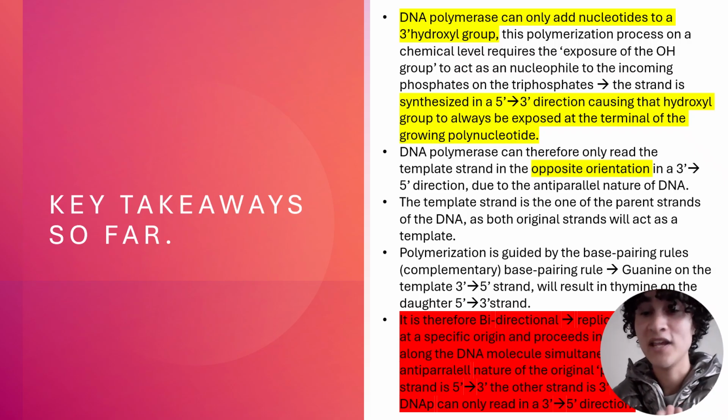Our growing daughter strands are formed in a 5 to 3 prime fashion, and our parent strands are read in a 3 to 5 prime fashion. So those are the concepts that are really important to understand, or to begin to understand, the DNA replication process.